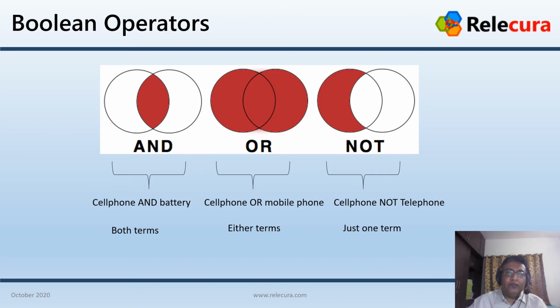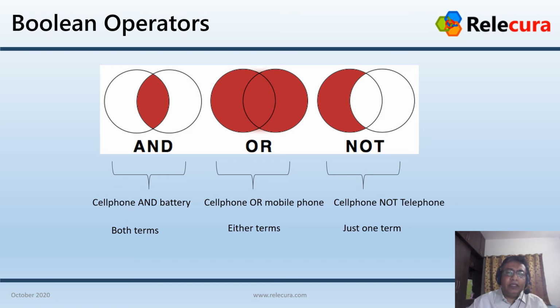So suppose you are searching for something related to cell phone and battery in a patent. If you use cell phone AND battery, the cell phone and battery keywords will be searched in the complete patent wherever they are, and you will get the patents which belong to cell phone and battery.